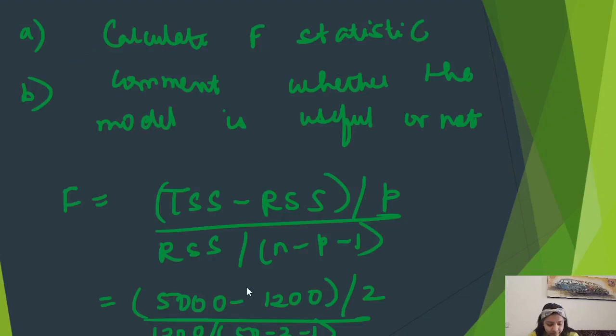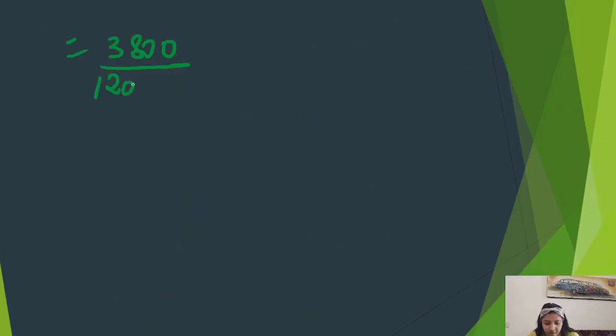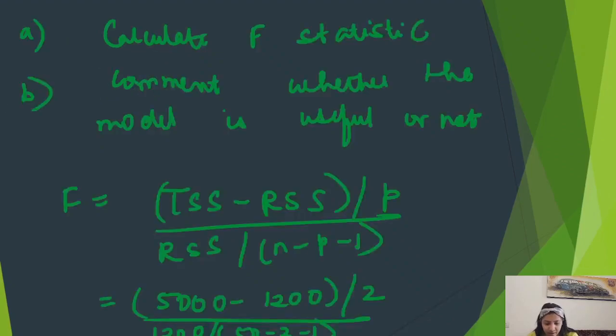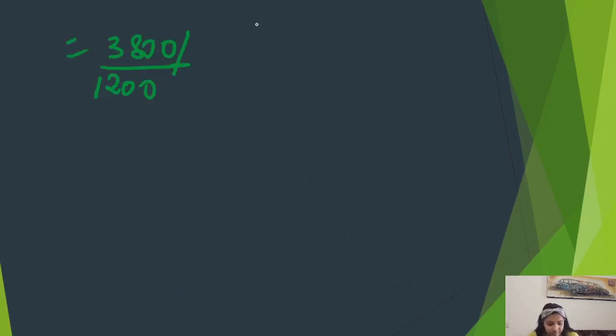So this comes out to be 3800 divided by 2, upon 1200 divided by 47.